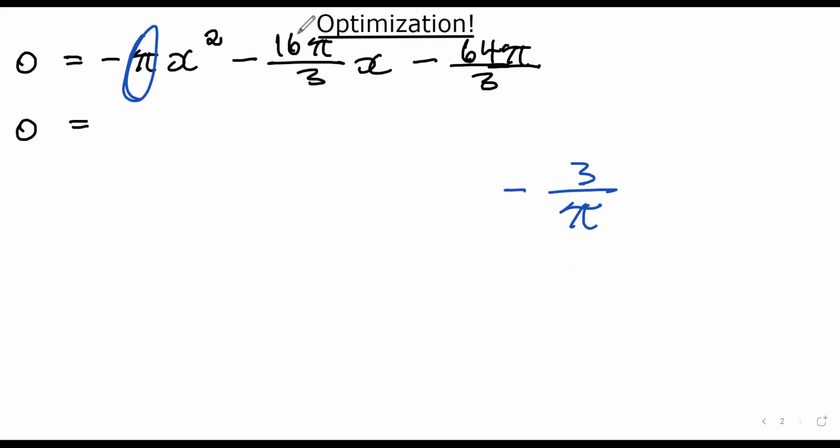So that the pi's in the numerator will be cancelled by the pi in the denominator, and the 3's in the denominators will be cancelled by the 3 in the numerator. That's what I'm trying to say to you.